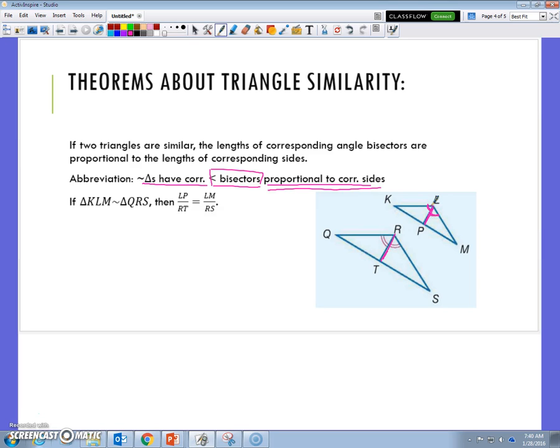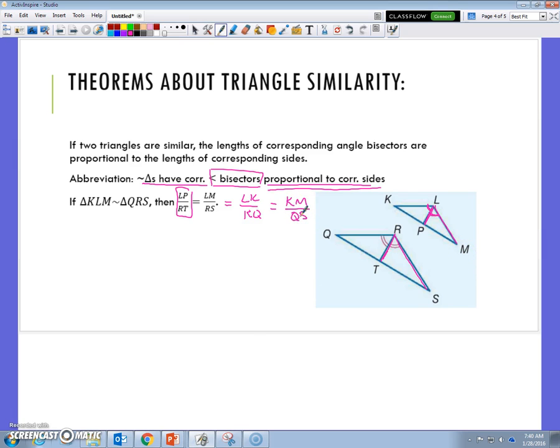So I could compare LP to RT, and I could also compare LM to RS. I could compare LK to RQ. I could compare KM to QS.